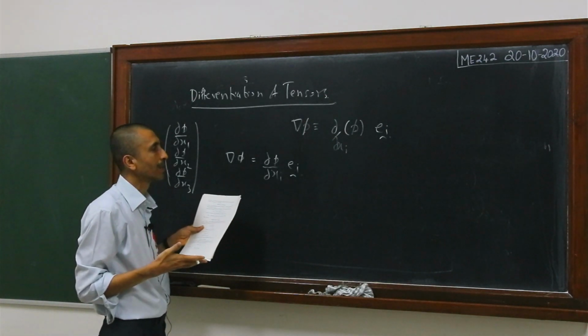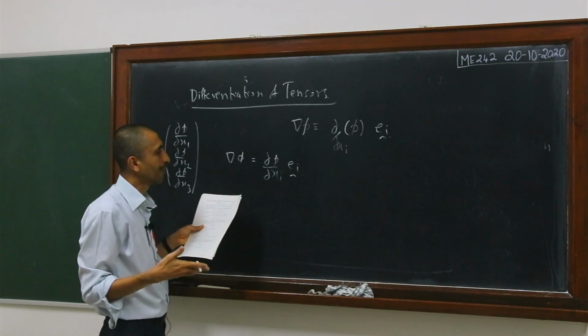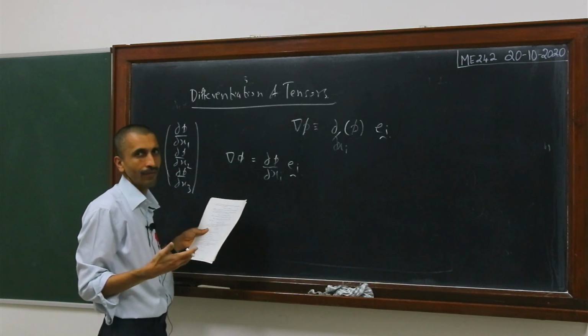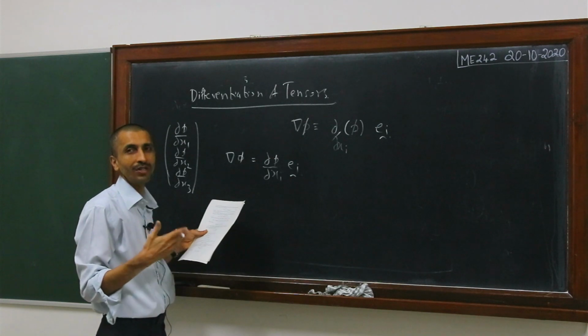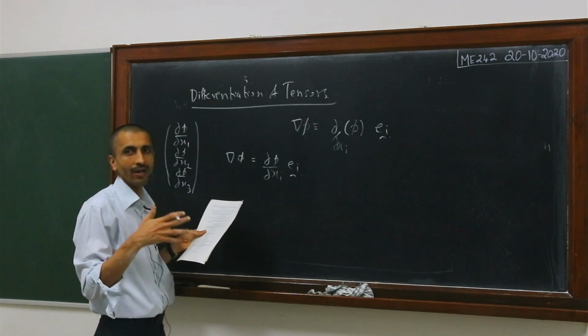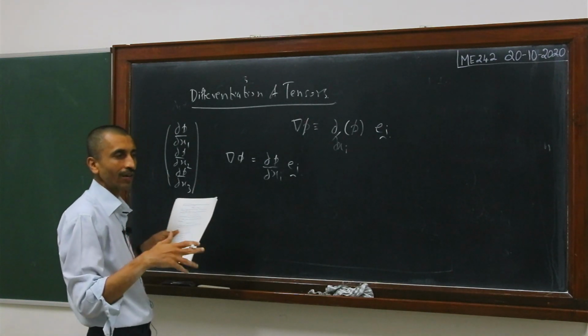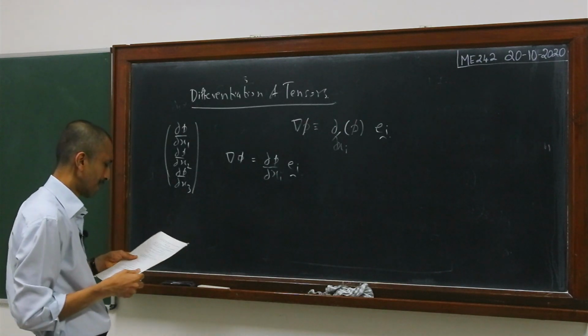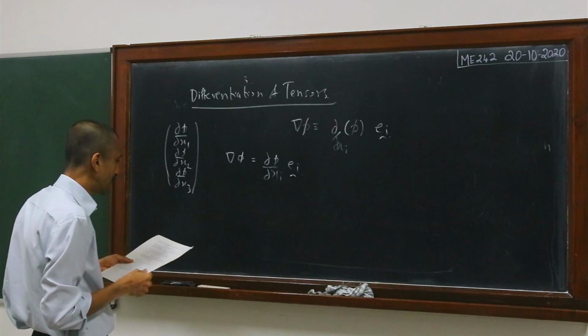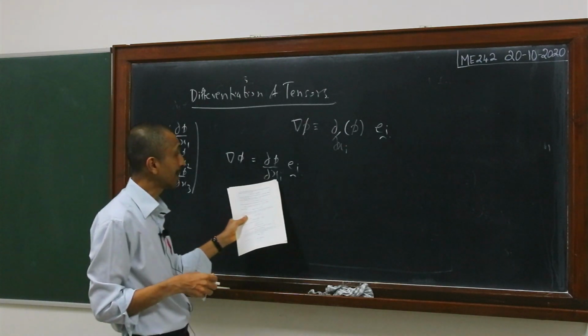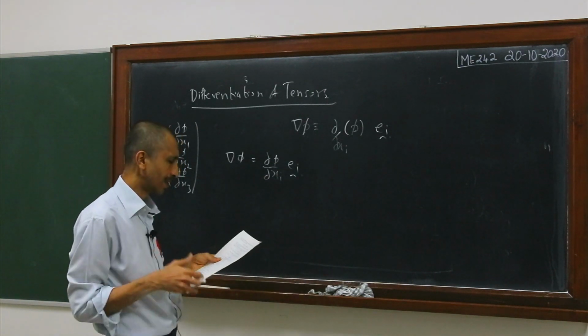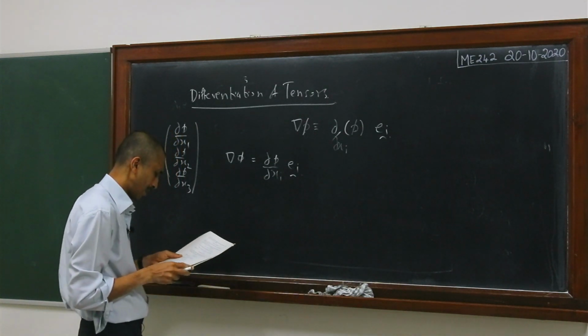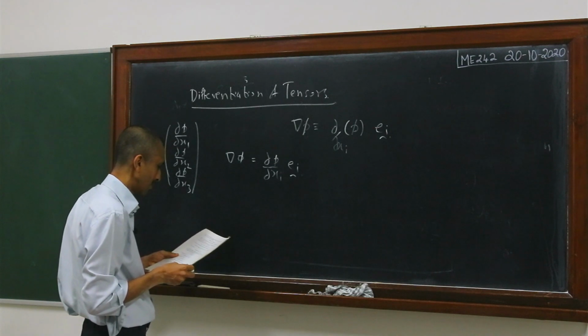If you differentiate a scalar, it becomes a vector. If you differentiate a vector, it becomes a second order tensor. If you differentiate a second order tensor, it becomes a third order tensor. That is because the position vector itself is a vector, so the order of the tensor goes up by 1.